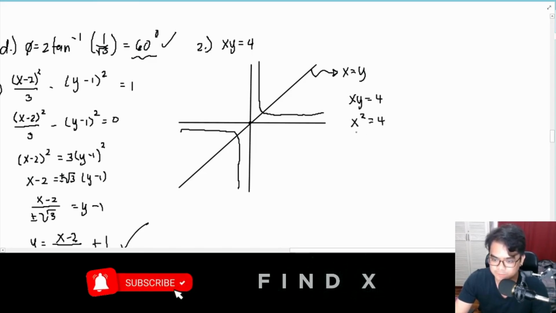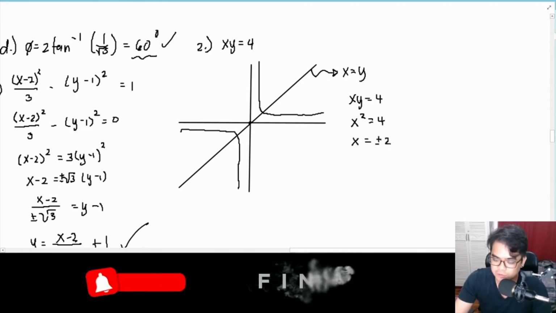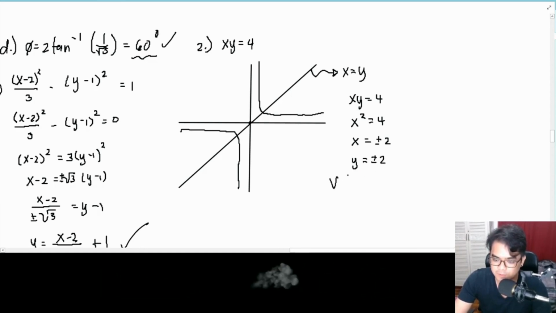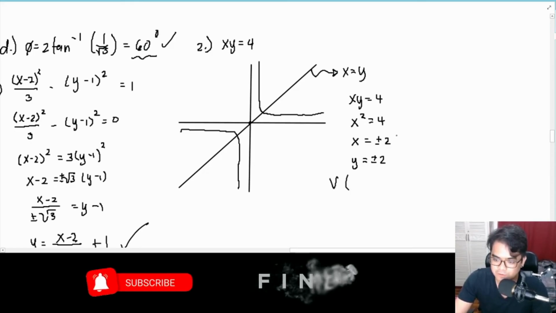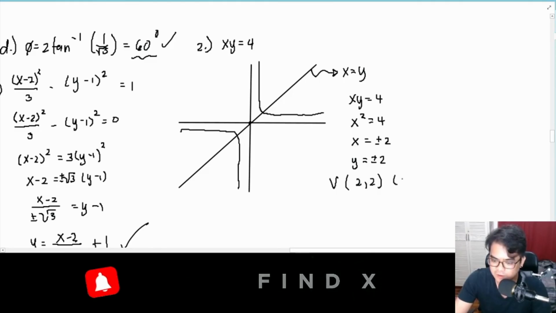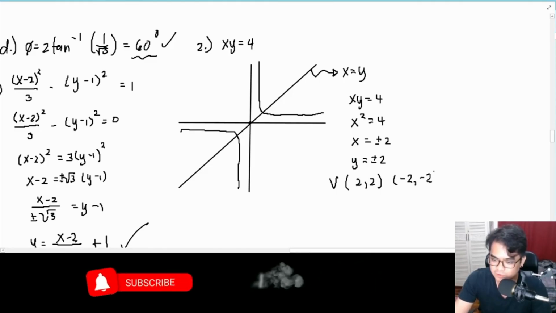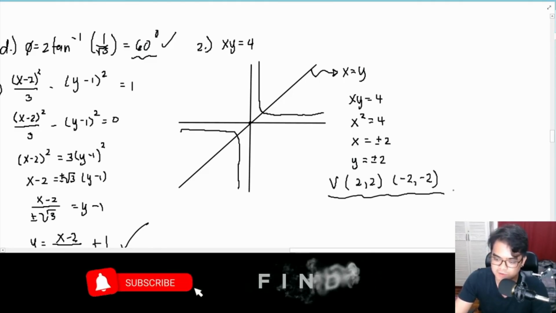So, if you get that, you'll have x equal to positive or negative 2. Therefore, if that is x, y will be equal to positive and negative 2 also. Therefore, the vertices will be 2, 2, and the other vertex is negative 2, negative 2. So this will be your answer.